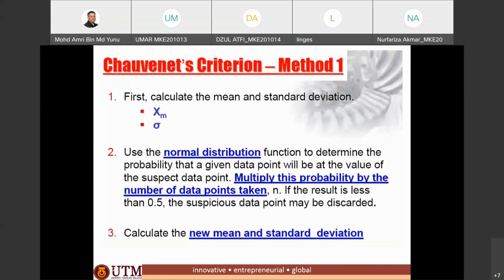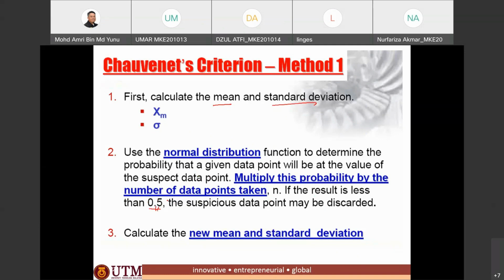Okay, so in the Chauvenet's criterion, we have to calculate two basic values, the mean and standard deviation, and then we look into the normal distribution function and multiply by the number of points taken and see whether the result is less than 0.5.